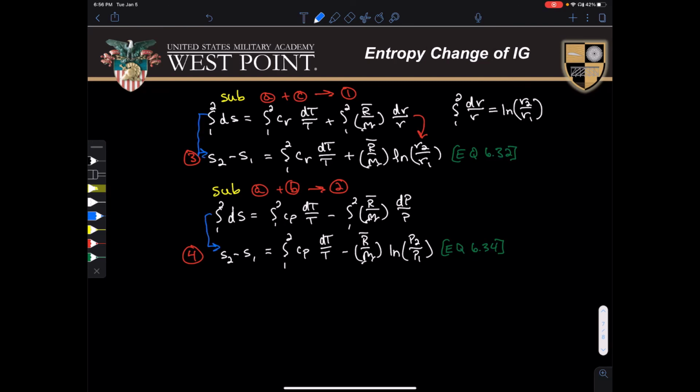As I alluded to in the beginning, we're going to develop a specific equation for entropy change with constant specific heat and entropy change with variable specific heat.